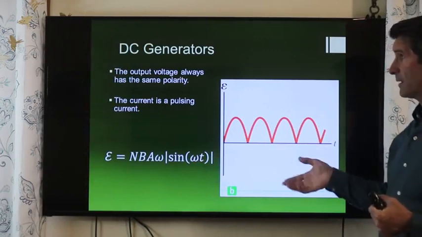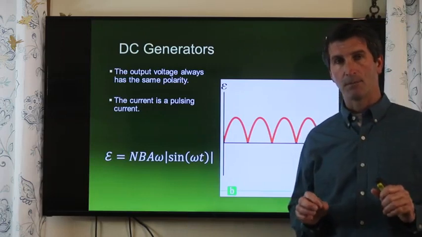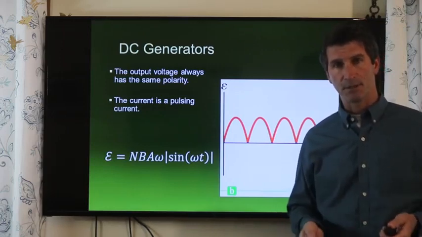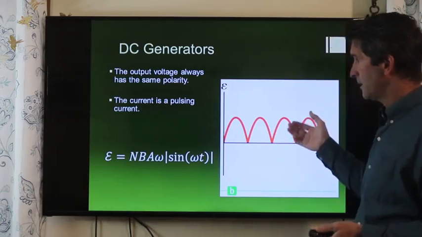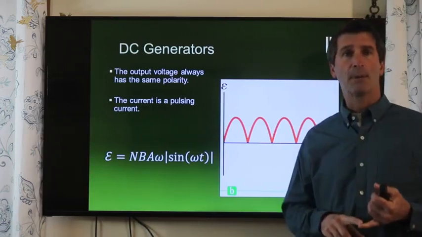So typically with these DC generators, if you want to produce a constant voltage output, you've got to use these in conjunction with usually a capacitor.